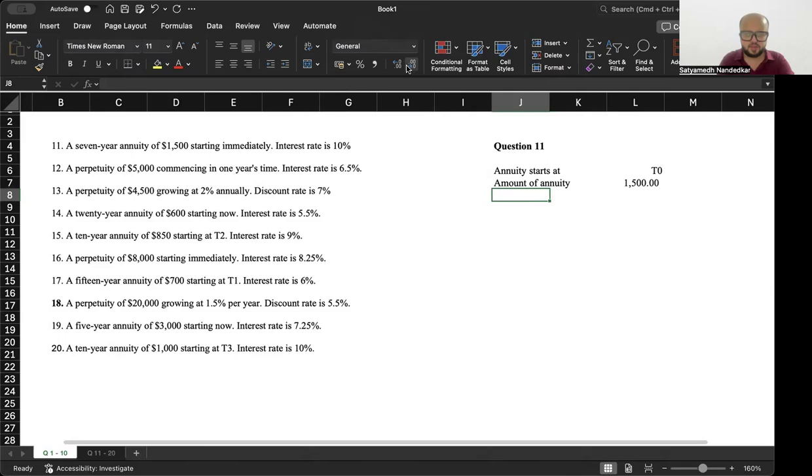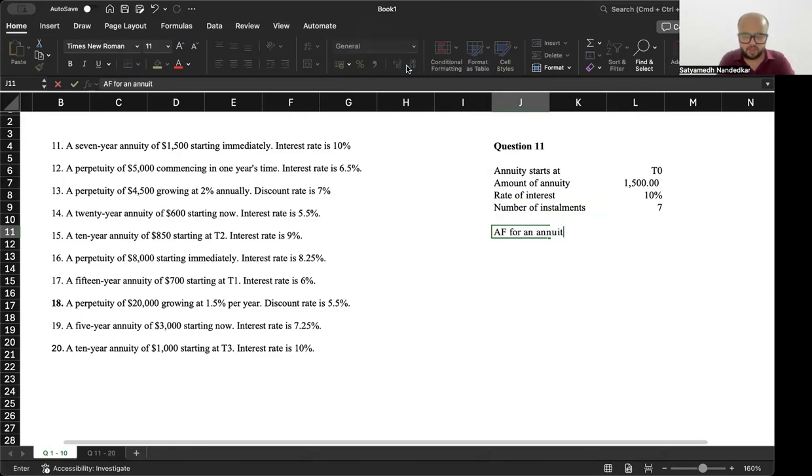What is the rate of interest? 10%. And what are the number of installments? 7.